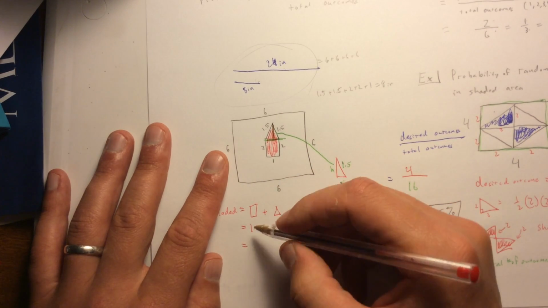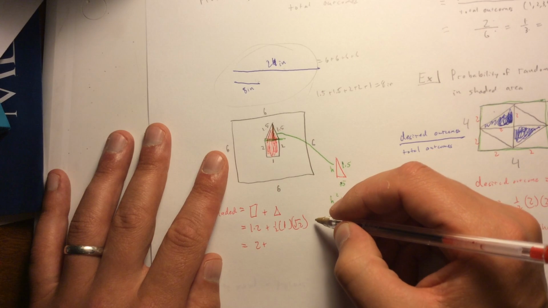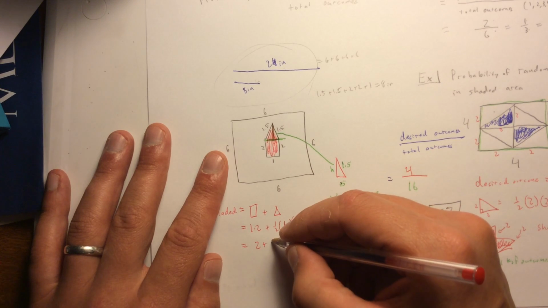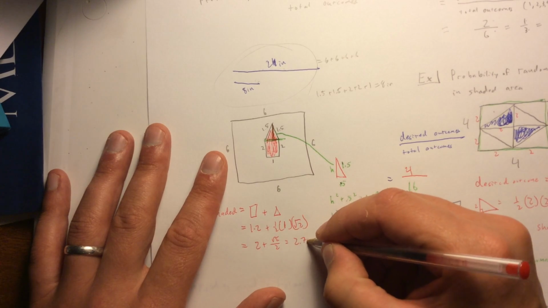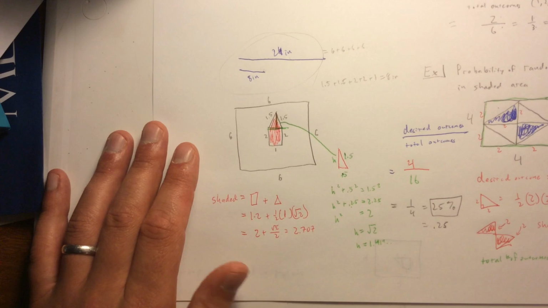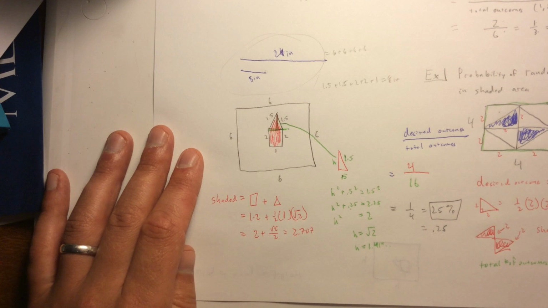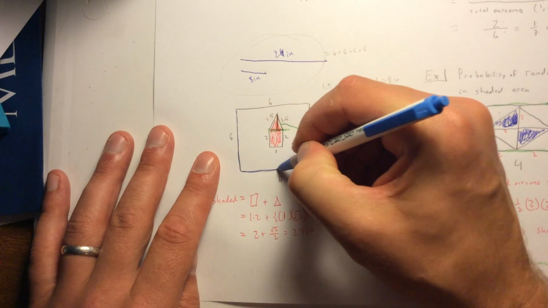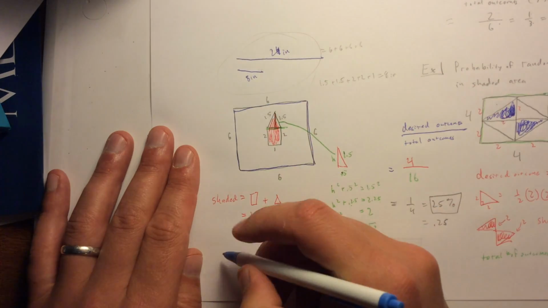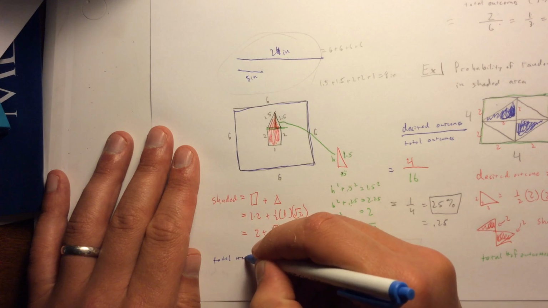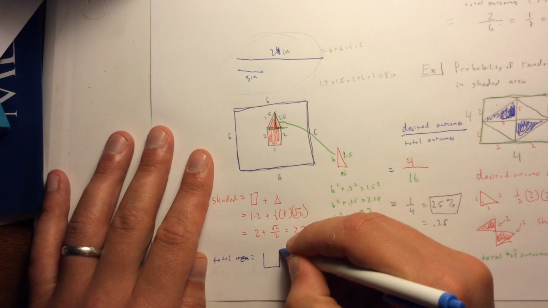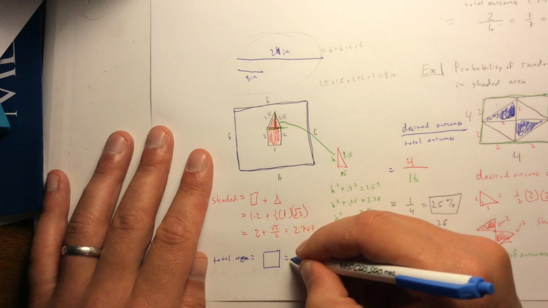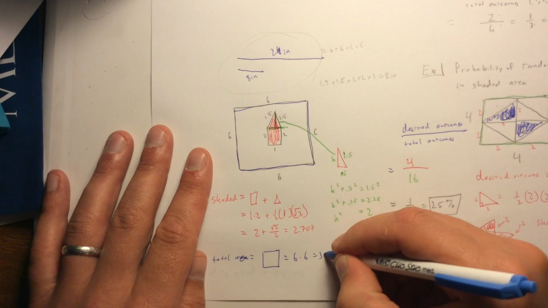So that's going to get us 2 plus square root of 2 over 2, which is going to be like 2.707. That's the shaded area. Now the total area, that's just a nice easy square. It's the big square, so that's just going to be 6 times 6, which is 36.